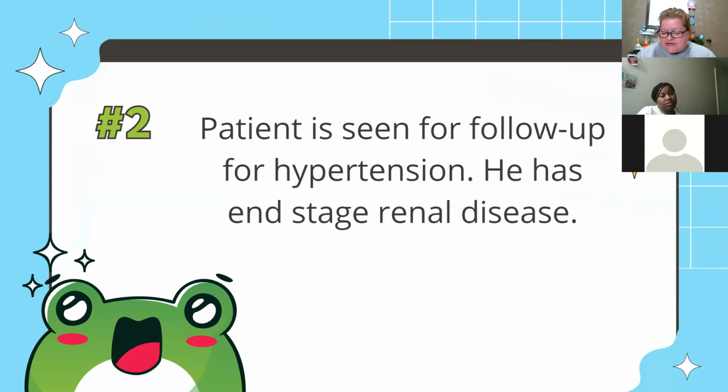This one is actually going to have 2 different ICD-10 codes coming into play, but let's go ahead and start with the end stage renal disease. Or you could start with hypertension. You could start with either way.